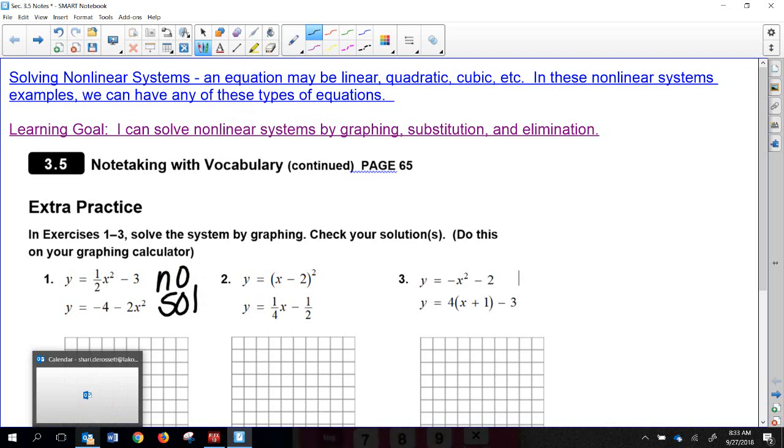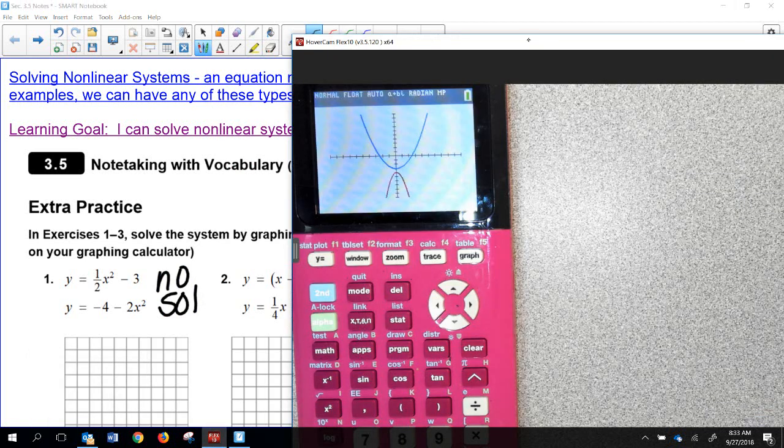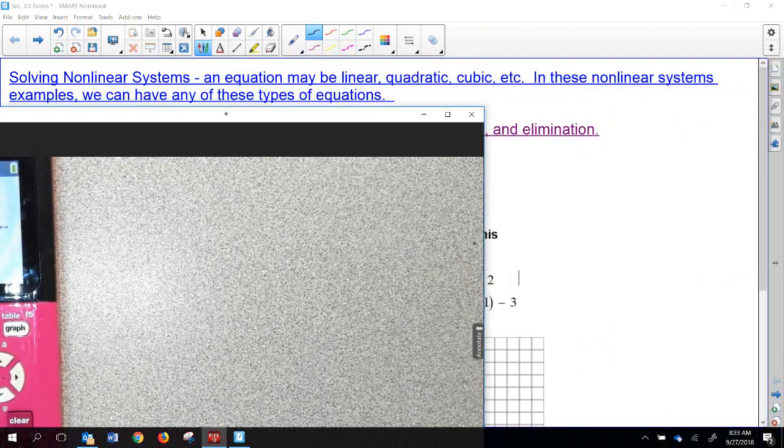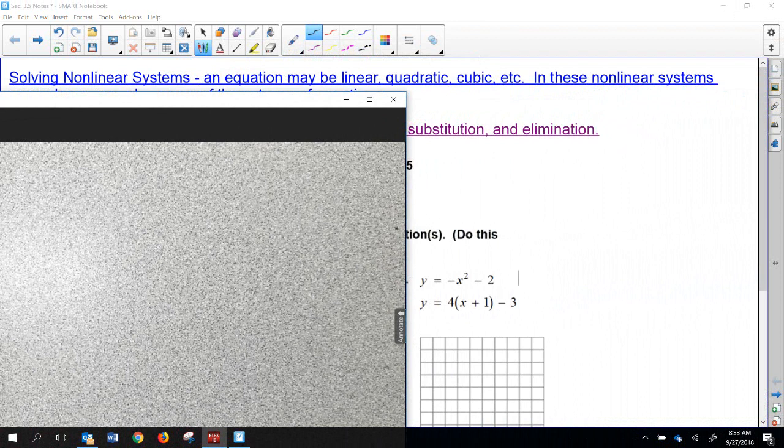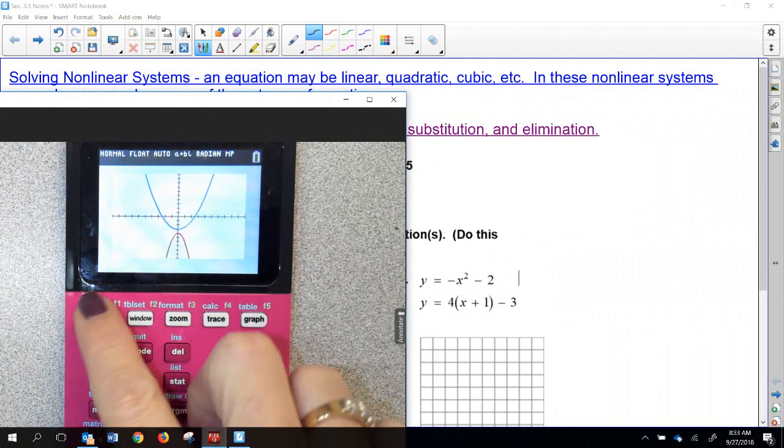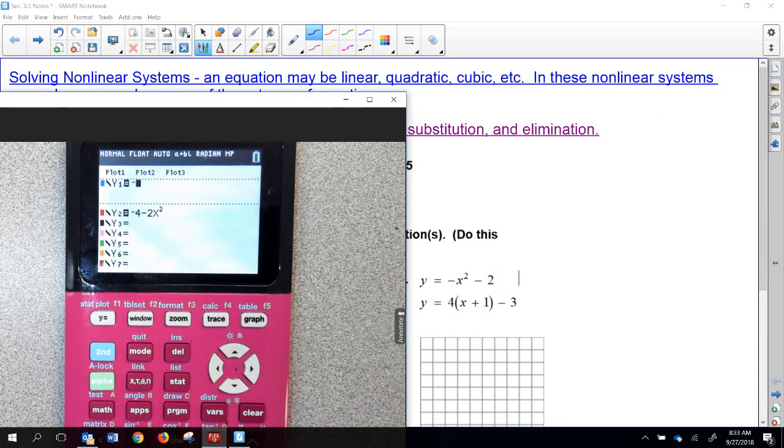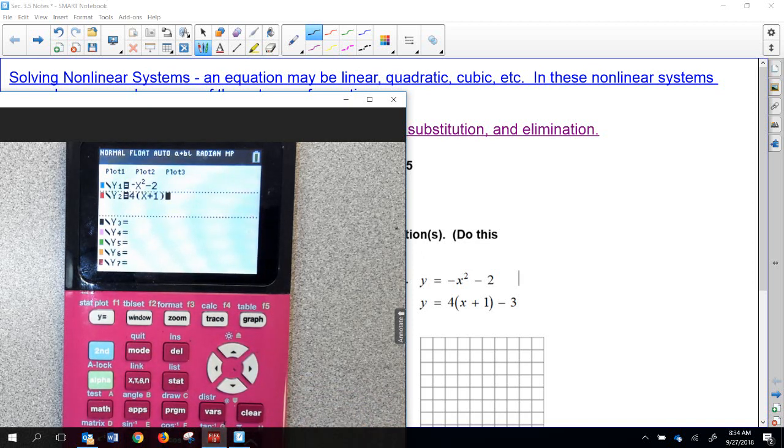Let's go ahead and put that one in. And we can just hit graph because we recently did the other one.